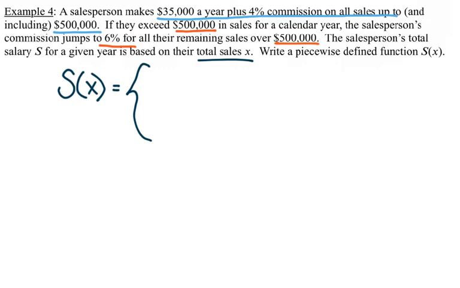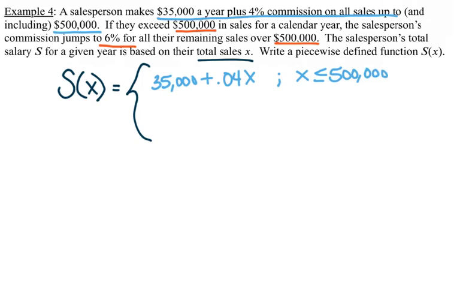Hopefully that was enough time. You're going to make $35,000 plus 4%, which is 0.04 on every sale you make, so X. And that's if X is less than or equal to 500,000.